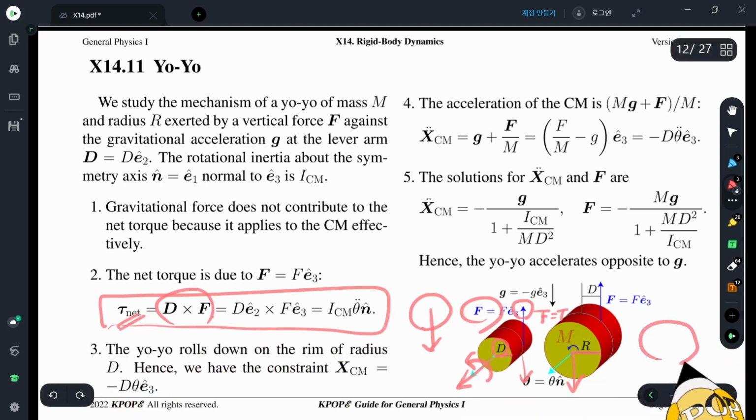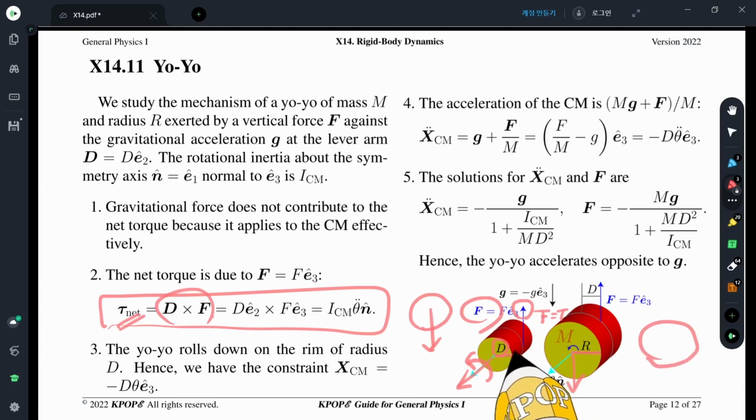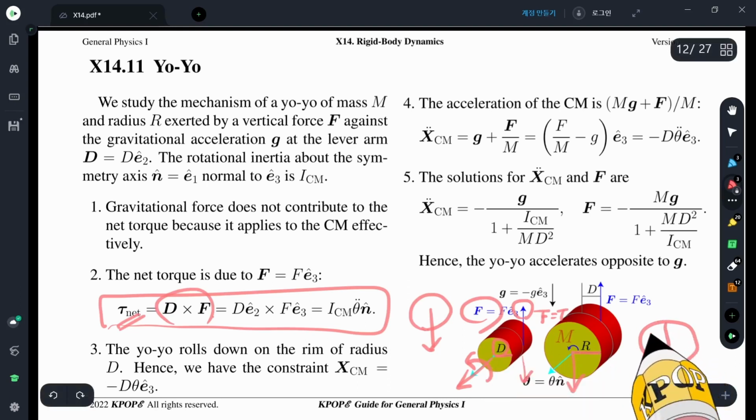The reason is that the cross-sectional area shows we can divide into two identical pieces, and at the center of mass of this left half and the center of mass of the right half, the gravitational force applies in the same direction.